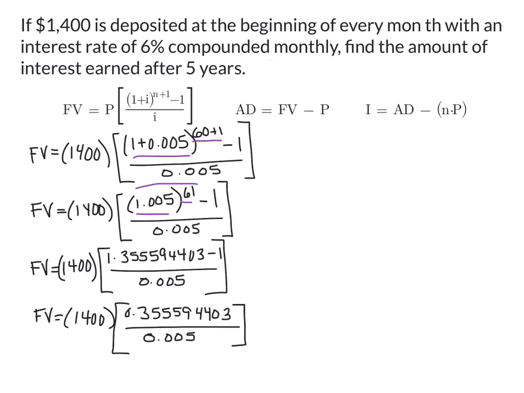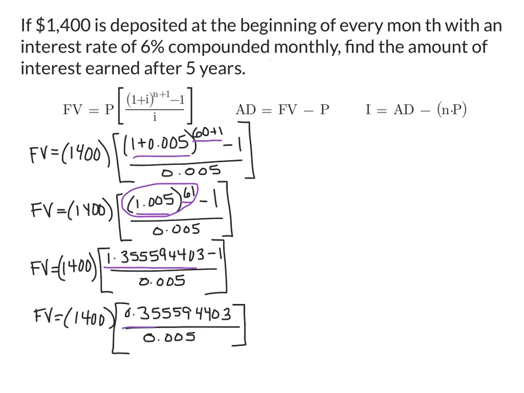Now, you'll raise 1.005 to the 61st power, and you should get a decimal of 1.355594403. Keep that number in your calculator and put minus 1.